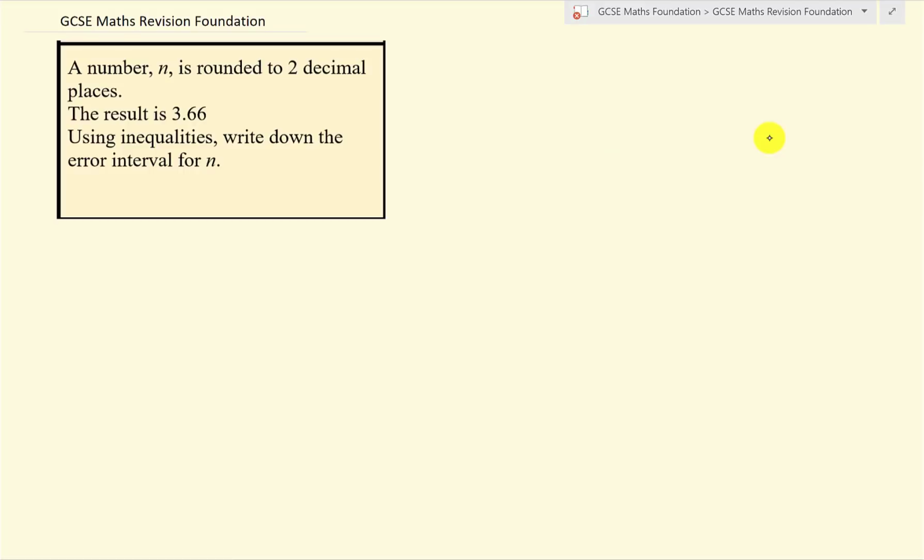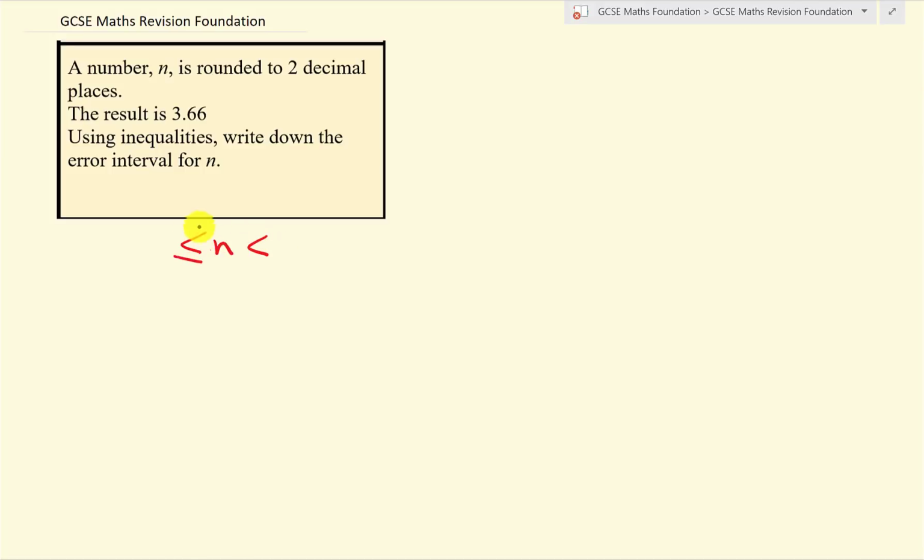Next, a number n is rounded to 2 decimal places. The result is 3.66. Using inequalities, write down the error interval for n. So we need to write down the error interval for n. That means what is the maximum and minimum value we can have for n.